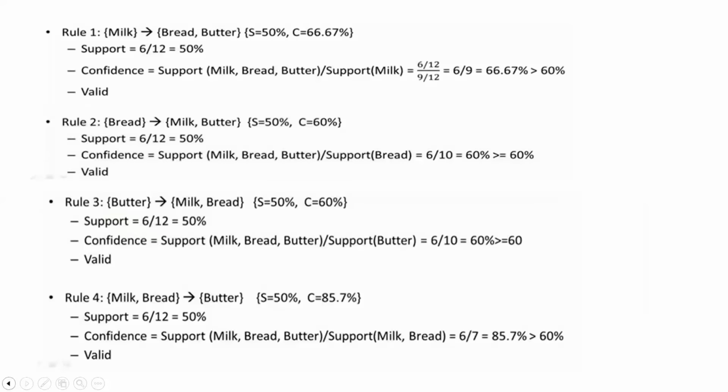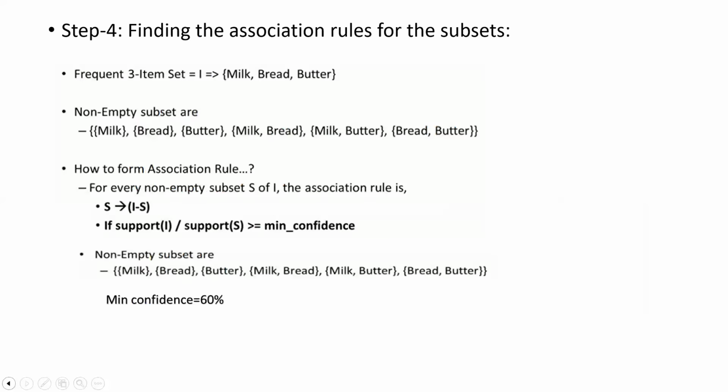Okay. So now, it's a little confusing. Only this we have to see here. S means this subset. Milk tends to I minus S. I means these three: milk, bread, butter. So first I have taken milk.